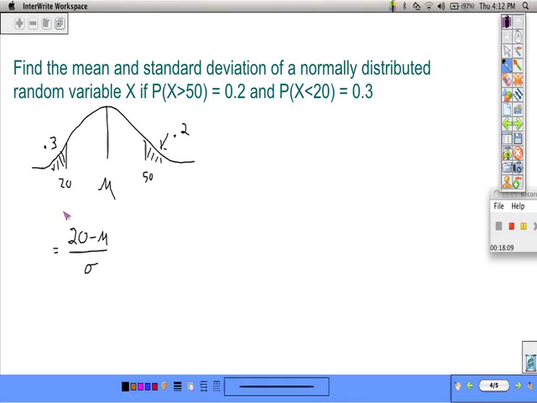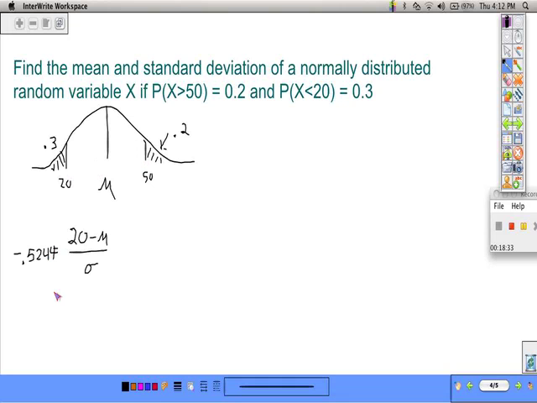If we look up 0.3 in our table, or we use inverse norm 0.3, what we get is a z-score of negative 0.5244.